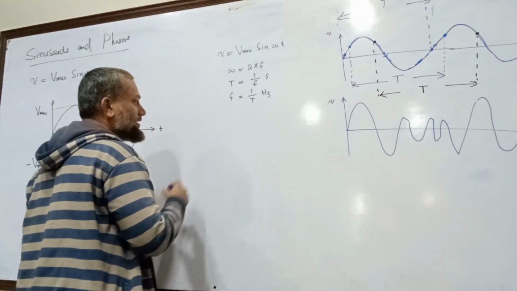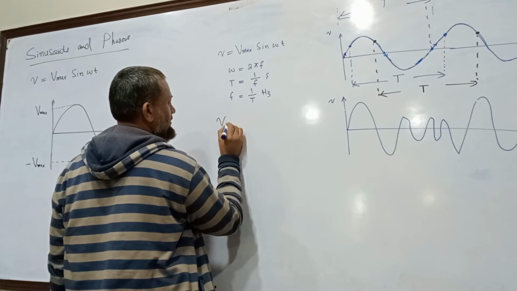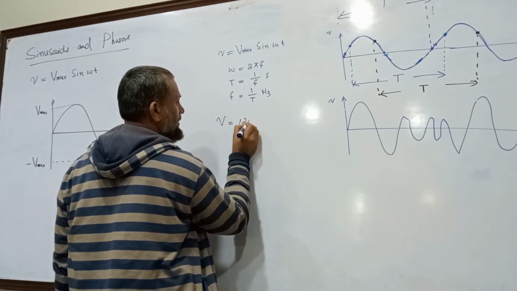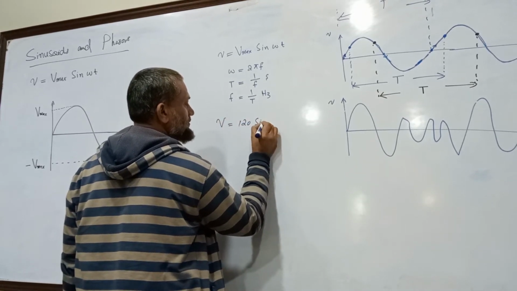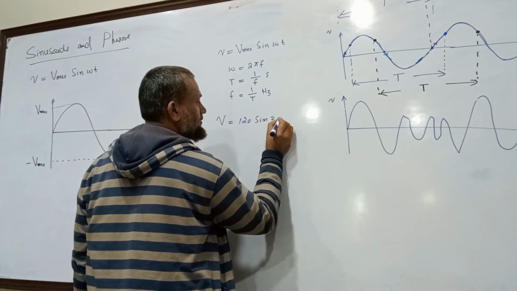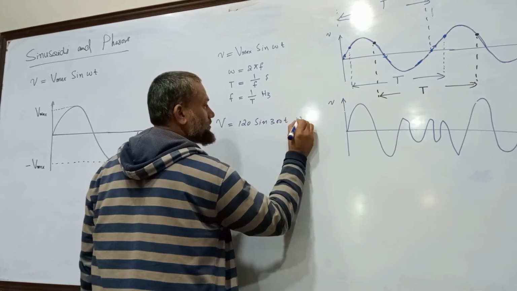For example, I got this: V is equal to 120 sine 300t volt.